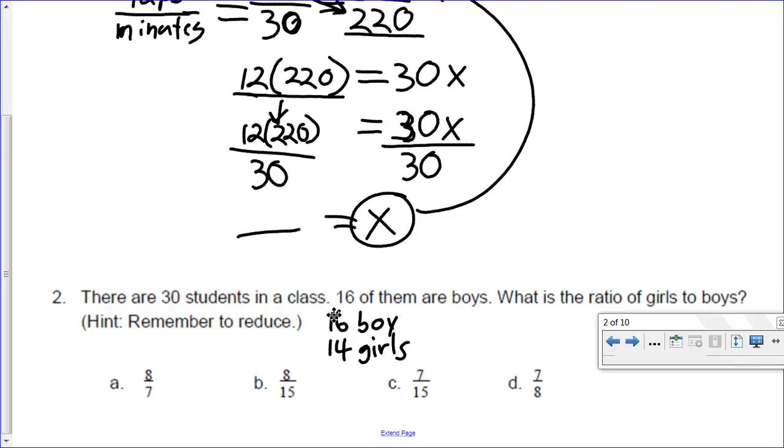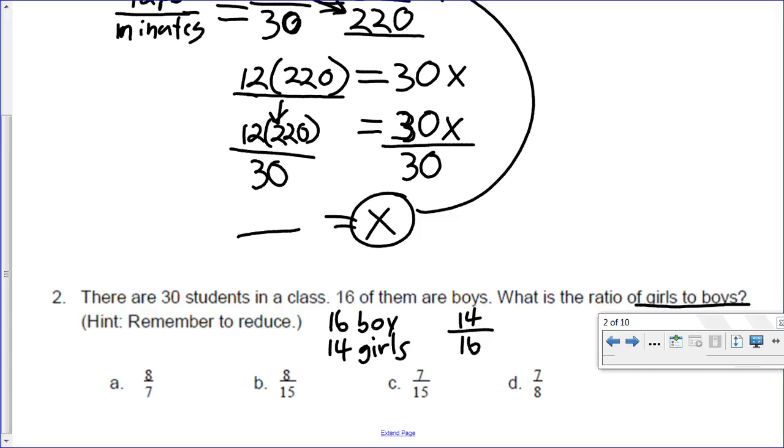Now, we have to know when things are given in a certain order what to write on top and what to write on bottom of a fraction. So when they say girls to boys, I believe that the first one is written on top, so it's 14 over 16. So girls to boys, 14 over 16.